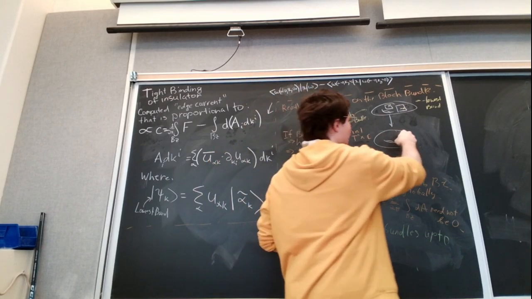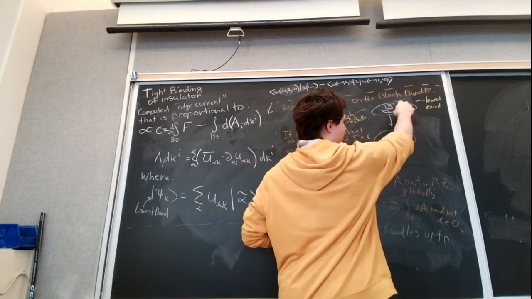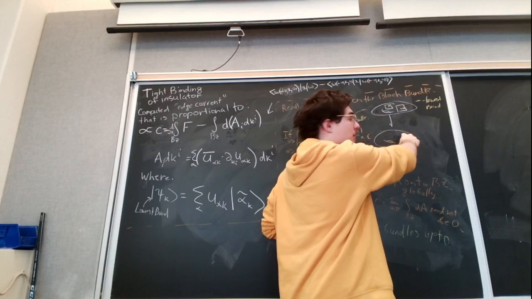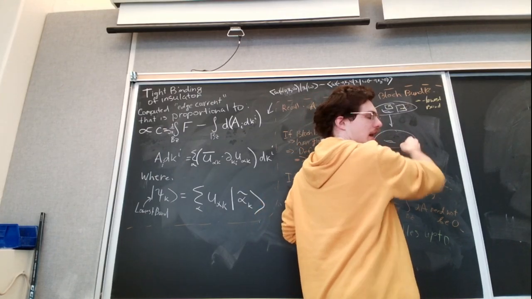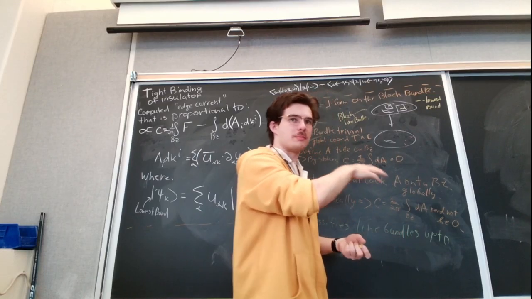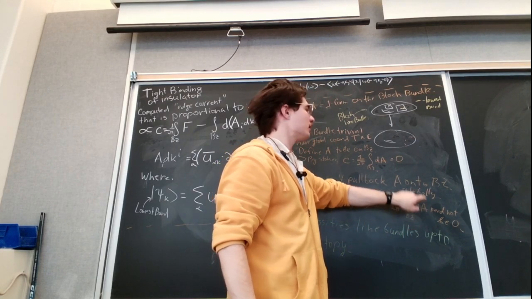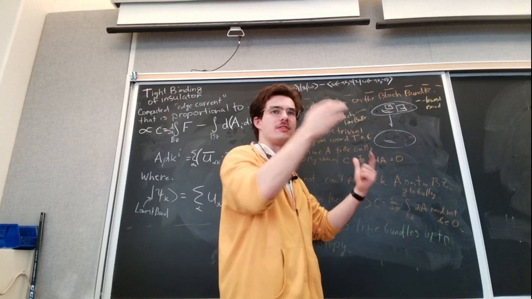And in each one of these, I can define the connection in these coordinates and then pull it back here, right? But then this means I have a different differential form in every coordinate patch. And I can still integrate it over all the different patches and add up the integral and compute this in some sense. But this is no longer truly d of some globally defined differential form.